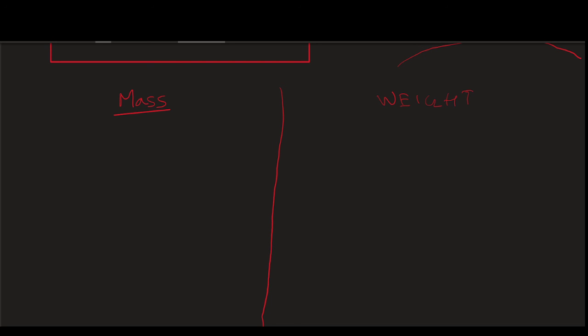The amount of substance an object contains is known as the mass of the object. When we bring 1 kg sugar, 1 kg is the mass of the sugar. Okay. So remember, mass is the amount contained by the object.